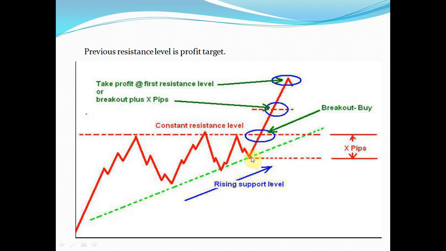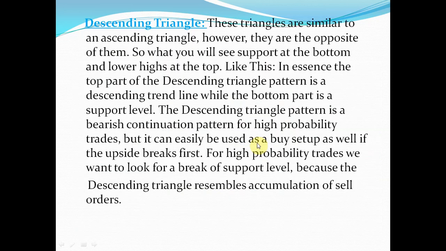You can draw a line, and book this profit here, X amount from here to the resistance, that is the profit. So you break out and put a stop loss at this point. So the second I already covered.